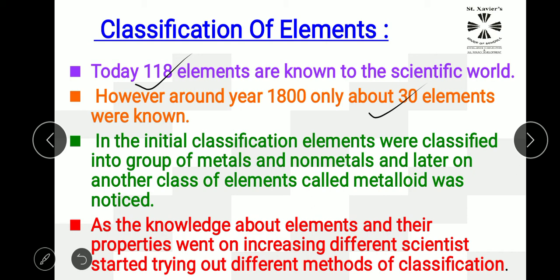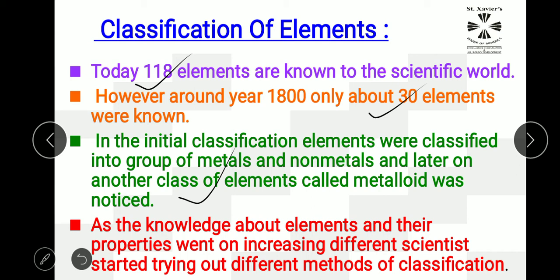In the initial classification, elements were classified into groups of metals and non-metals, and later another class of elements called metalloids was noticed. So initially when classification started, they divided the elements into three parts: metals, non-metals, and metalloids. If 30 elements are there, we can say they had 10, 10, 10, or 10, 5, 20, like this.